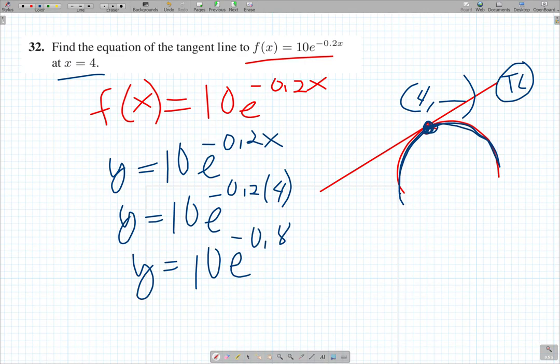So ibig sabihin ang ordered pairs or ang point of intersection, class, between the tangent line and the curve 10 e to the power of negative 0.2x is 4 and 10 e to the power of negative 0.8. Okay, so yan ang common point ng tangent line pati ang curve. Okay, so meaning ang point 4 and 10 e to the power of negative 0.8 nasa tangent line yan, pati nasa curve.